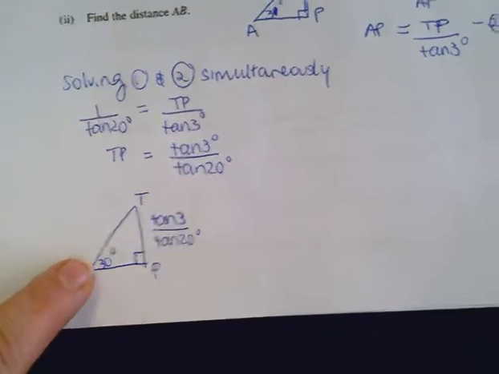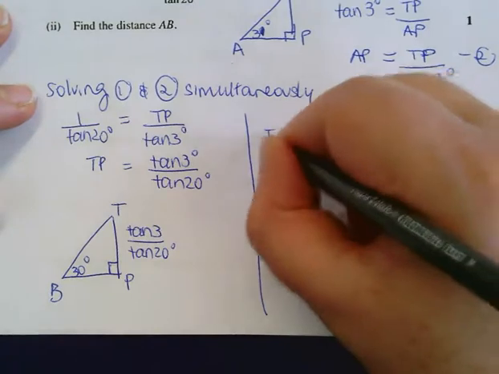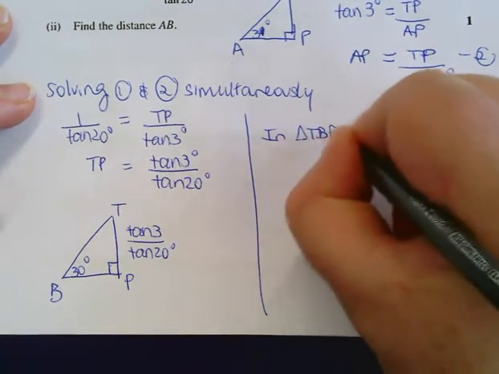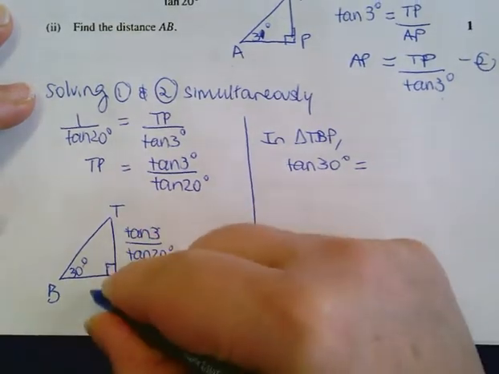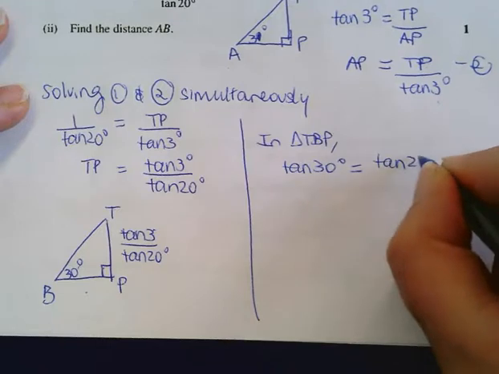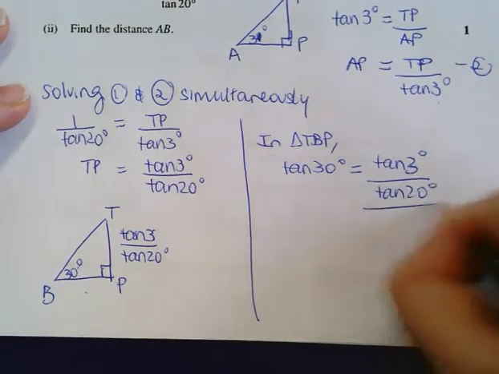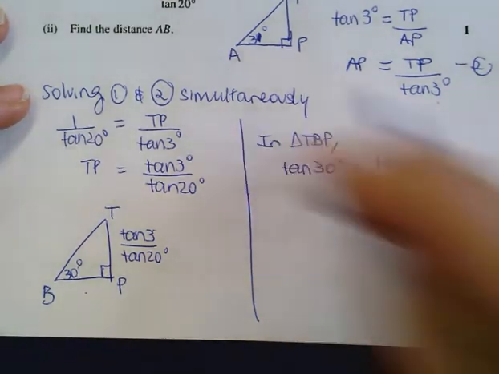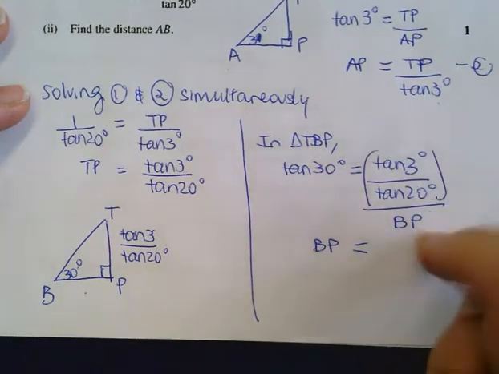So now in triangle TBP, tan of 30 degrees is opposite over adjacent, equals tan of 3 over tan of 20 divided by BP.